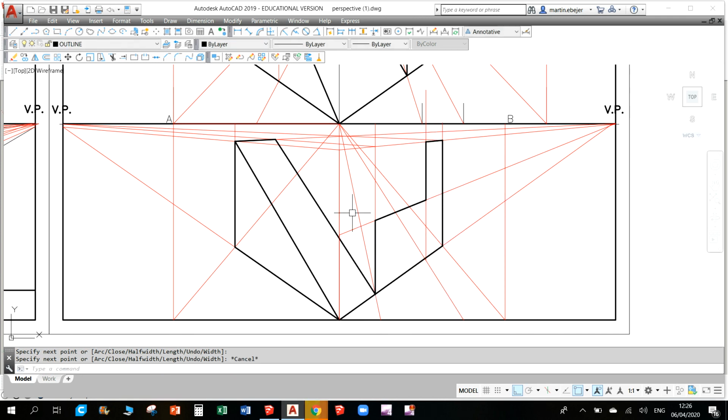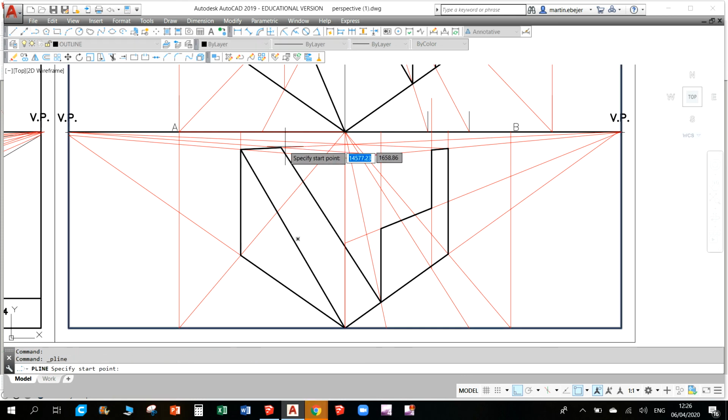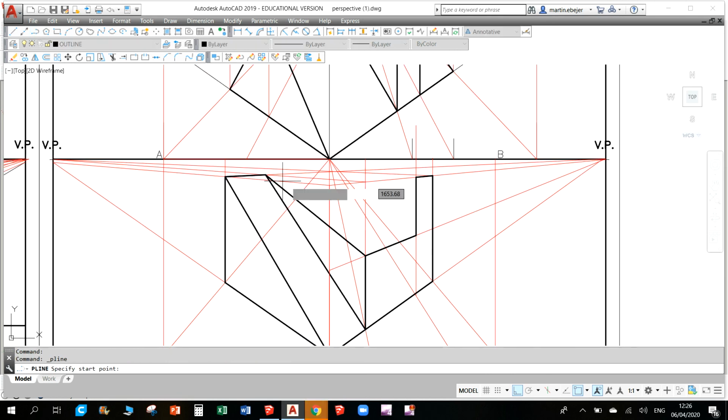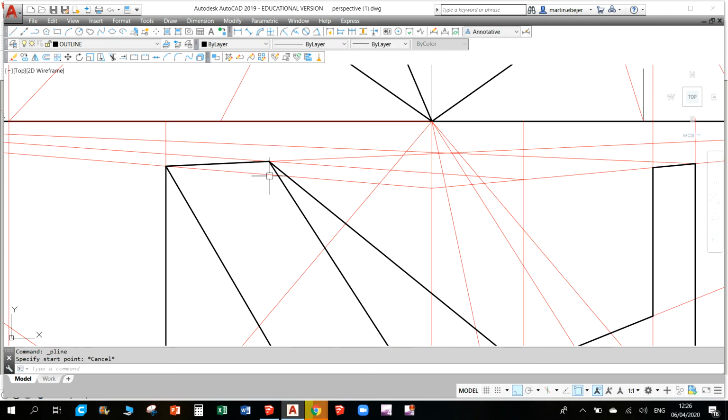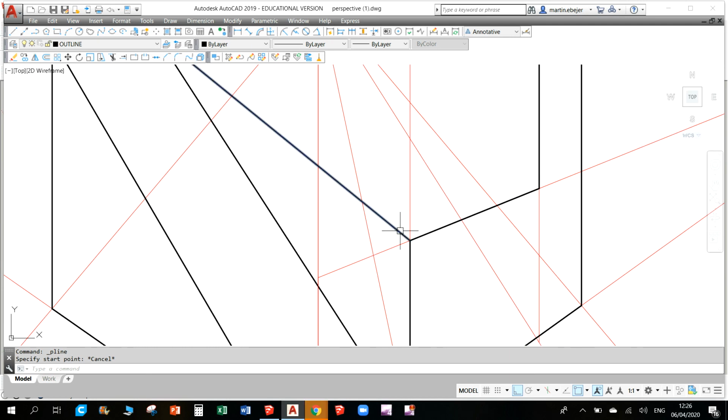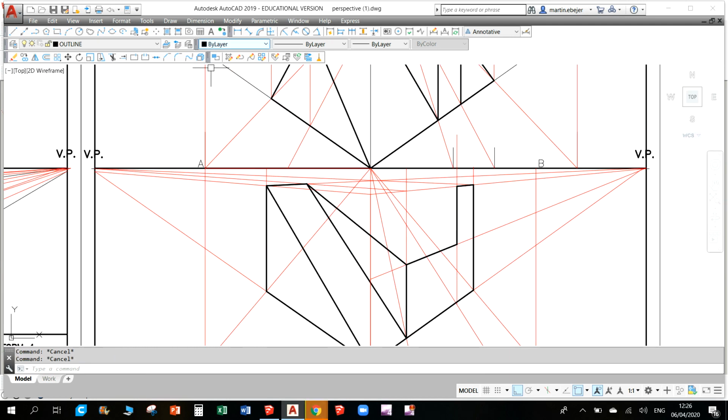That face is done. With the ruler, as we said in the other drawing, we're gonna join the starting and the ending point. When there is a slope, they don't refer to the vanishing points. Important that you know the starting and the ending point.